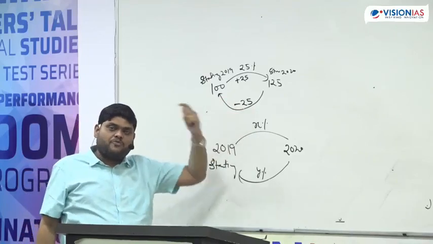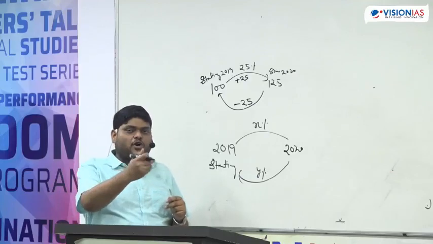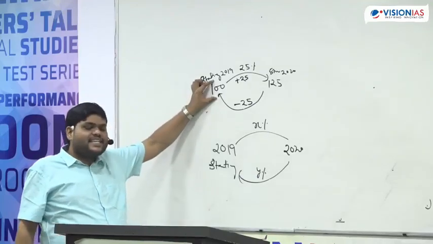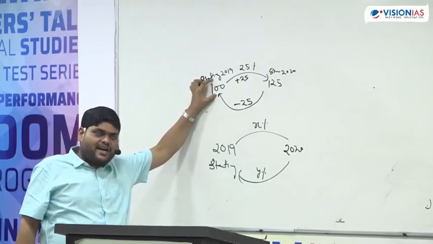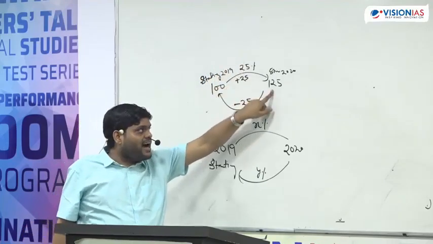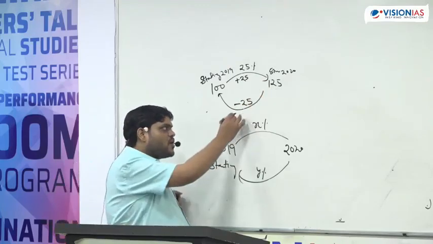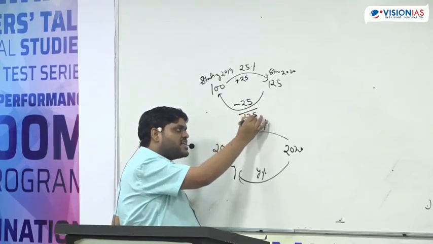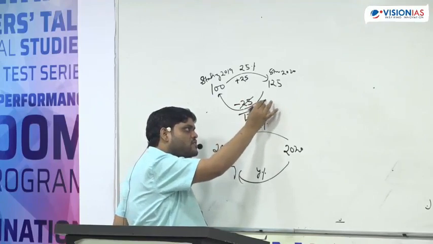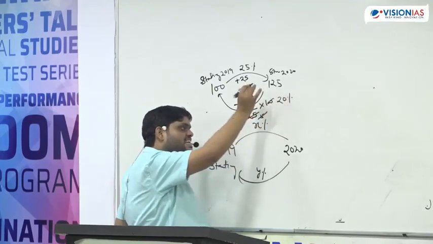But in terms of percentage, see, this is a case of successive increment or decrement. Initially the increment occurred at 100, that's why the population became 125. But now the decrement occurs at 125, so what will happen? The percentage will now be only 20%.